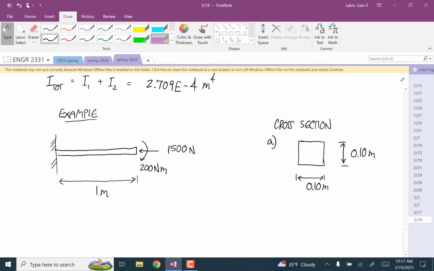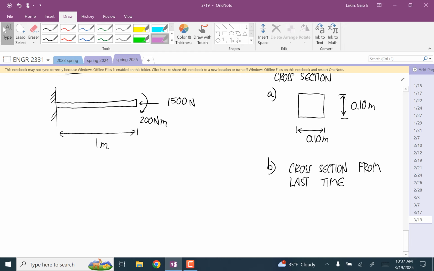And then second, we'll do it with the cross section from last time. And notice that these two cross sections use the same amount of material.